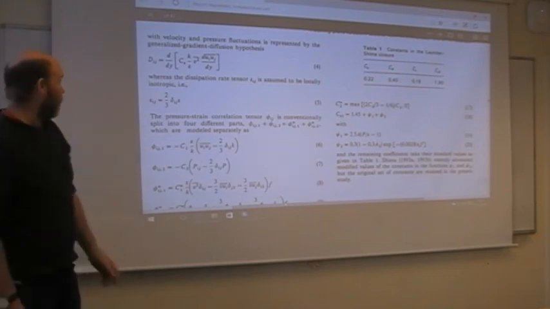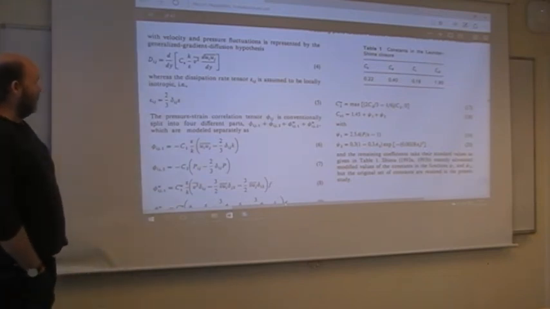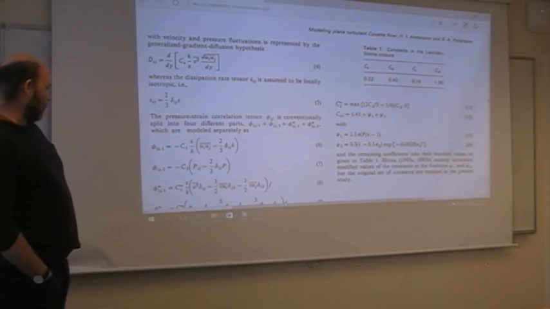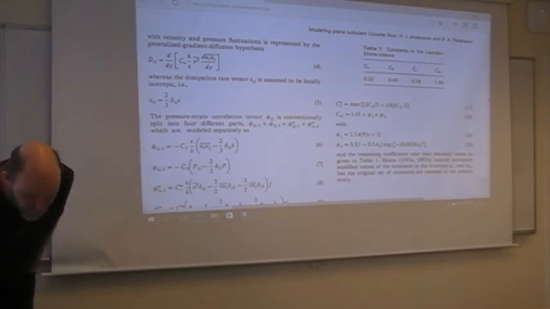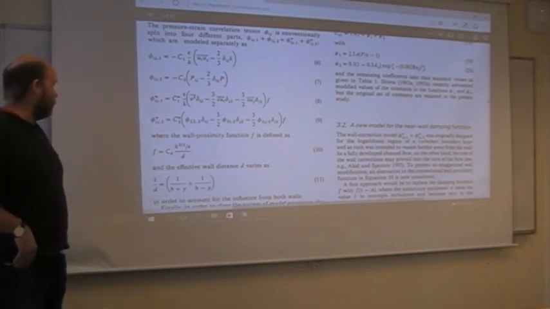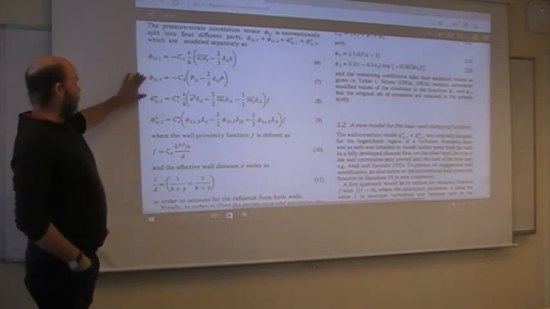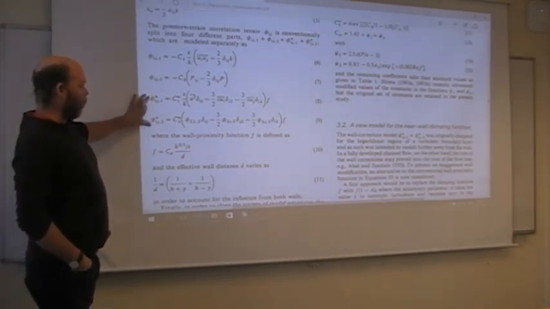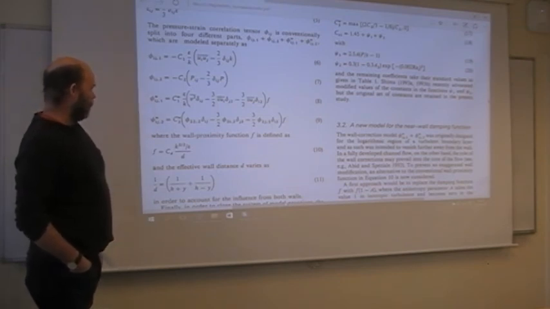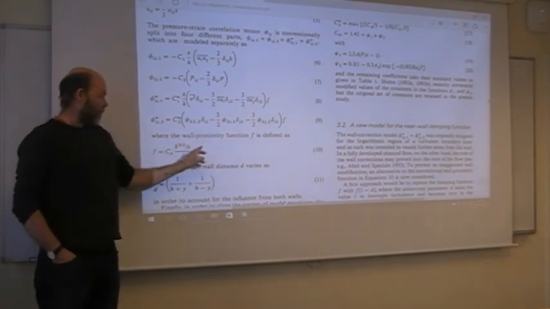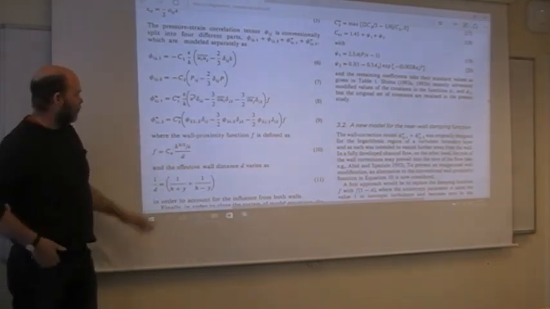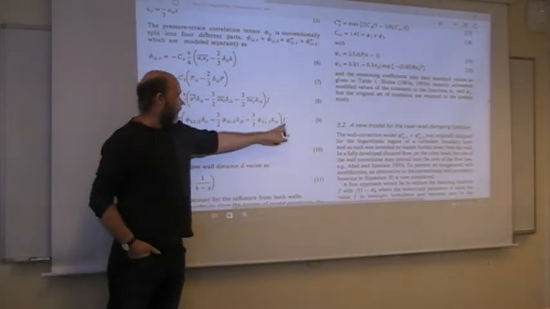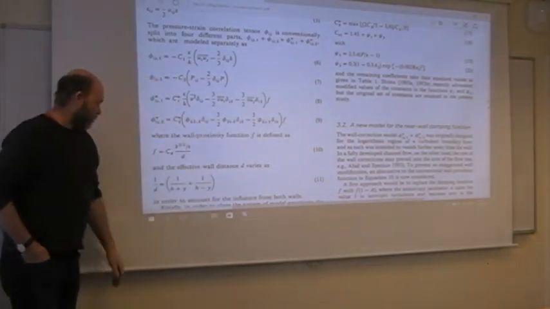And then a long list of the chosen models here. And again, you see this redistribution term split up into several parts, and also here two different wall parts. And here, for this article, they played around with this wall proximity function, f, when you're getting close to the wall. So you sort of multiply the entire wall effect here with the function f.